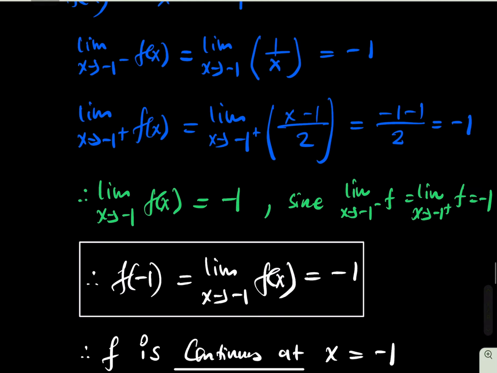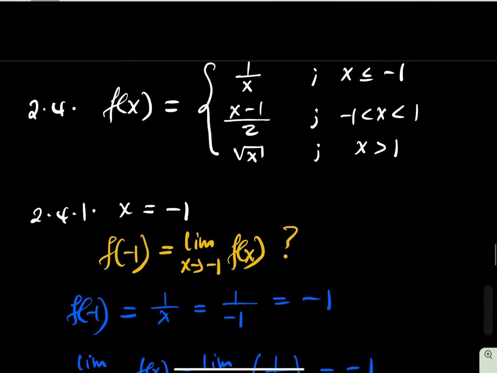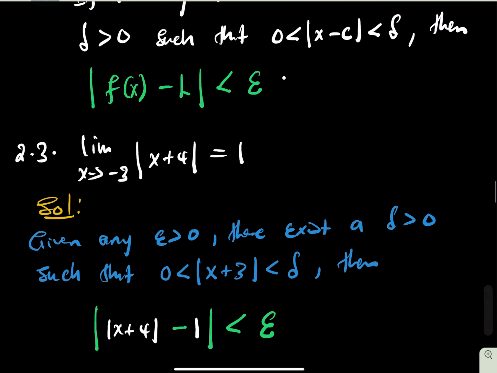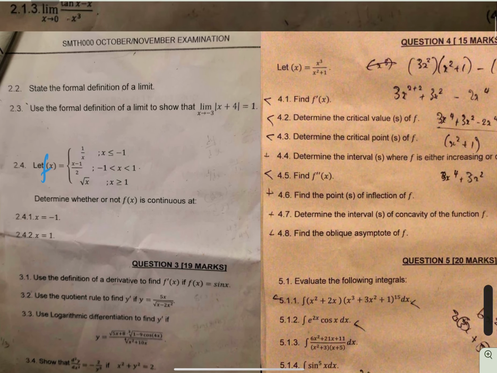All right. So they are saying there that x is equal to +1. Let me confirm that again. So that is really a +1. Yeah, this paper was very long. Okay.